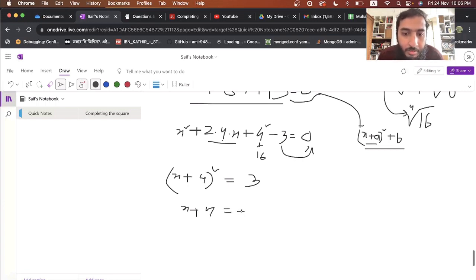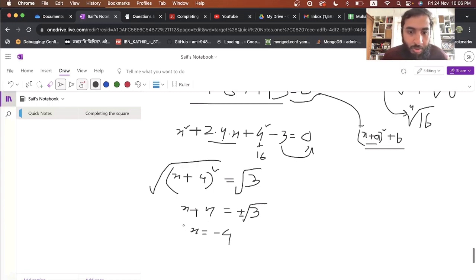So x plus 4 is plus minus root 3, because I use root on both sides.